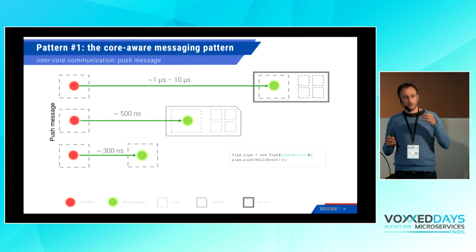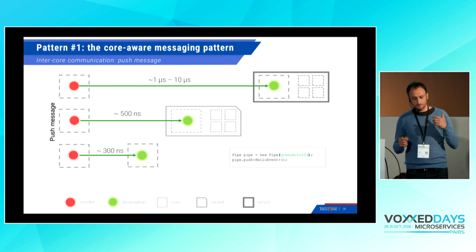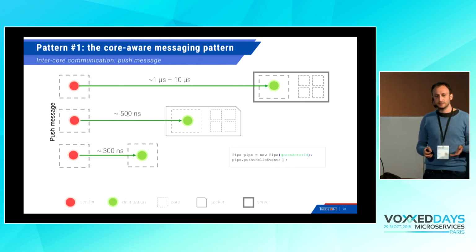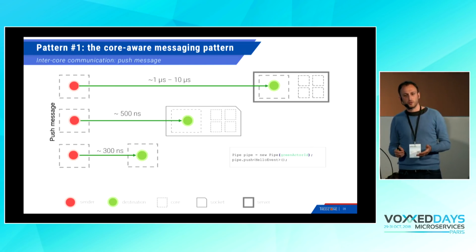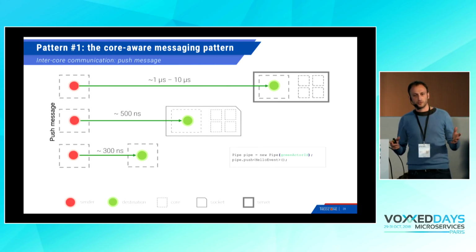So first thing is messaging. When you have microservices communicating, usually you use networks, REST. However, if you really need to optimize your communications, you need to think about how they are deployed. So if they are on several servers, okay, they connect with network.